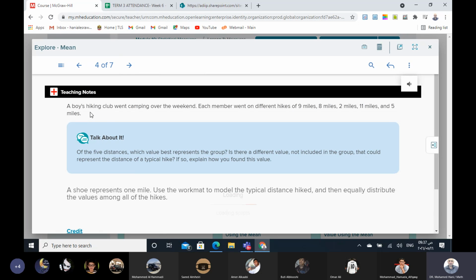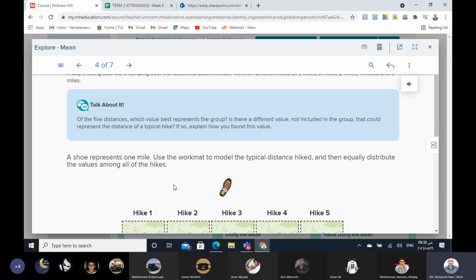A boys hiking club went camping over the weekend. Each member went on a different hike of 9 miles, 8 miles, 2 miles, 11 miles, and 5 miles. So each icon should represent 1 mile.